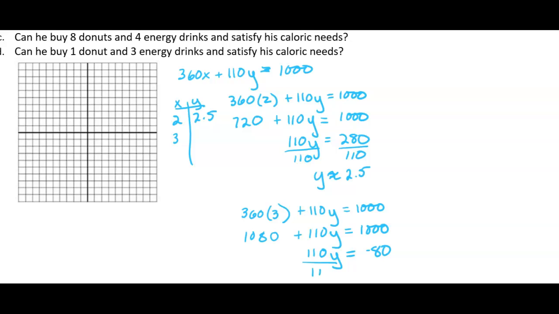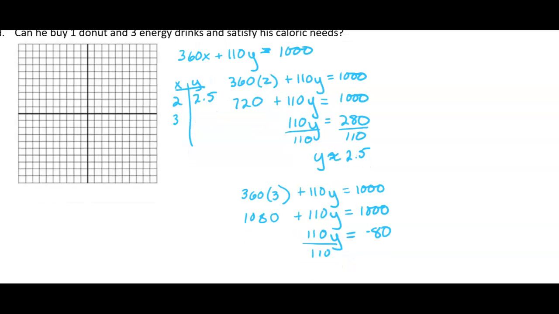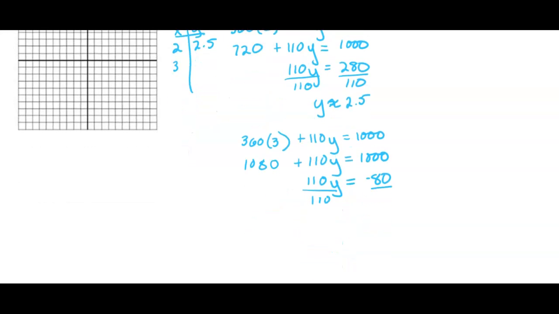So divide by 110. This is taking up all my paper. Divide by 110. And I get a negative number. So what is that? 80 divided by 110, about 0.7. Okay, and it's negative.